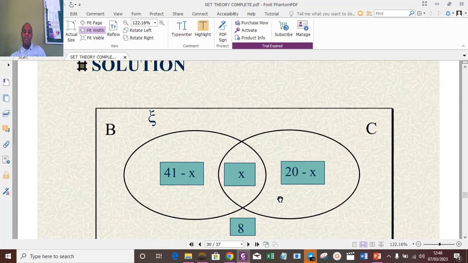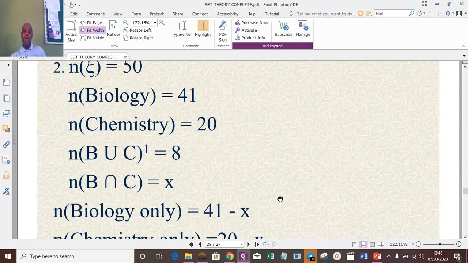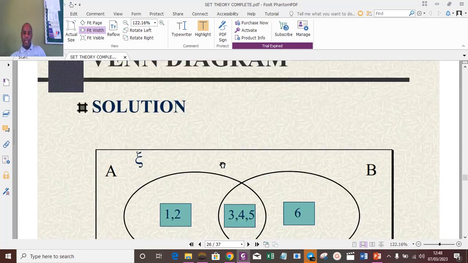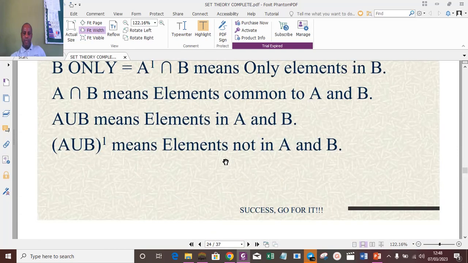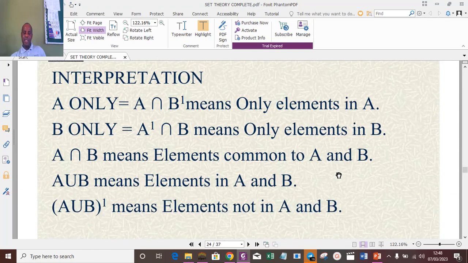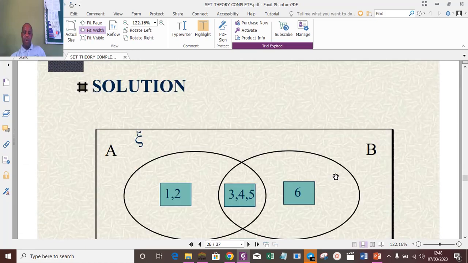Then we have this one. You now write them according to the circles here. Look at these circles once again. You write them according to this circle: A only, B only, A union B, A prime, the A intersection B all prime. So we start with A intersection B. What is common?